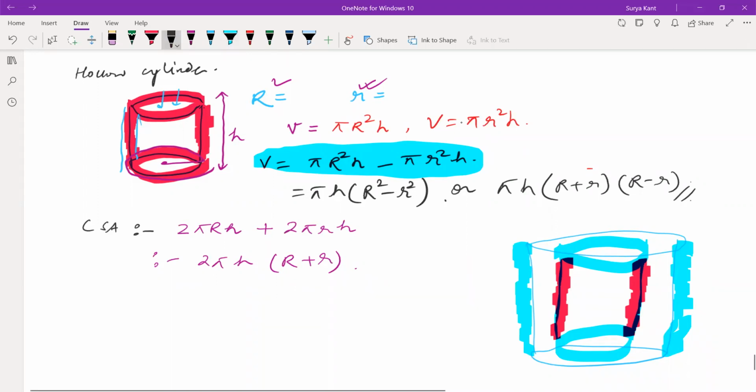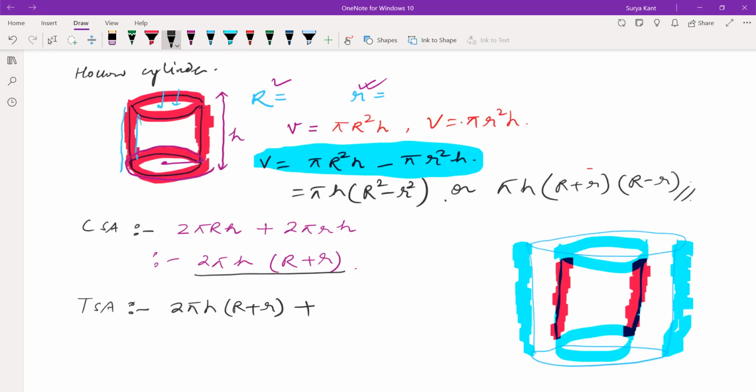Now what about TSA, total surface area? See, in total surface area, CSA will remain the same, right? What do we have to add extra into this?